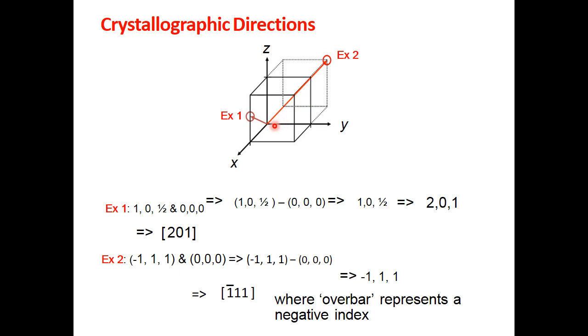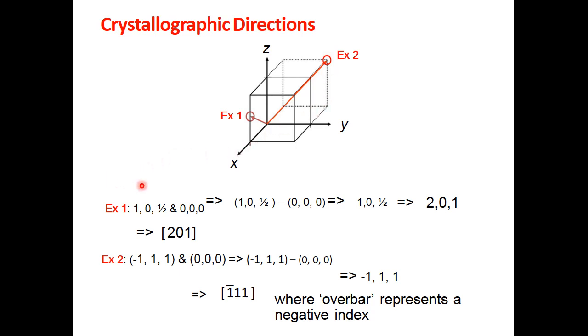Now here we have the origin 0, 0, 0, and you can see the coordinate system x, y and z. So if you have the coordinate system, you can locate the end points of the two lines, example 1 and example 2. For example 1 over here, for example 2, the end point over here.